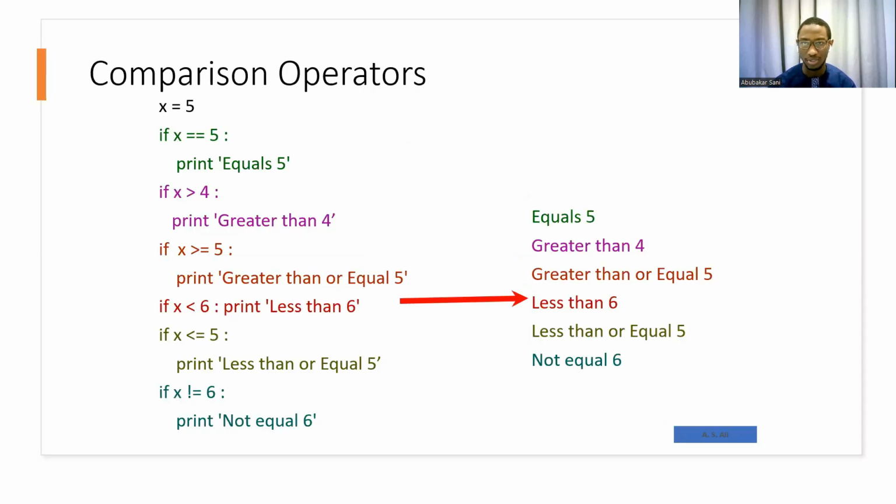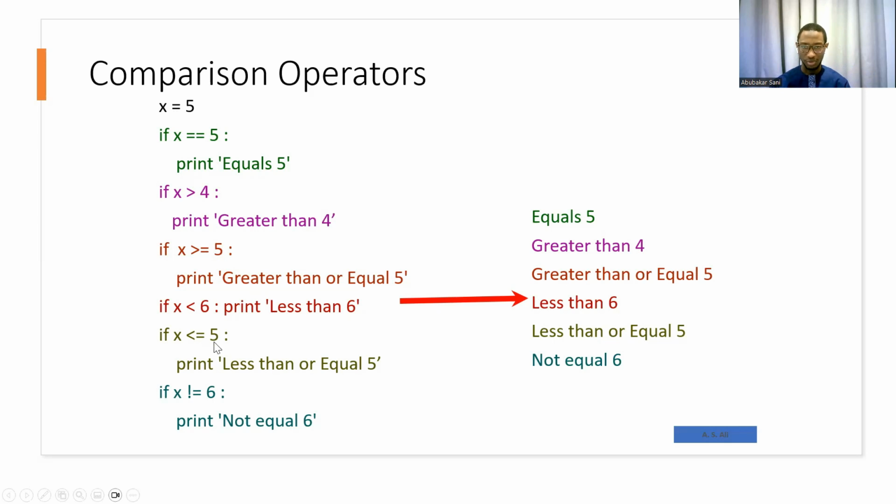Now let's look at some of the operators in action. We say x equals 5, so we assign the value 5 to x. We want to check if x equals 5. If this is true, we're going to print equals 5. Greater than or equal to, less than 6, true.